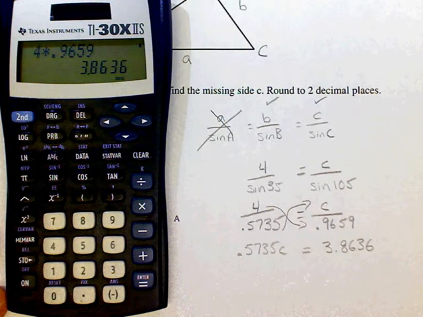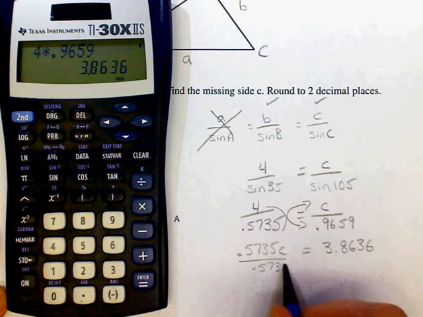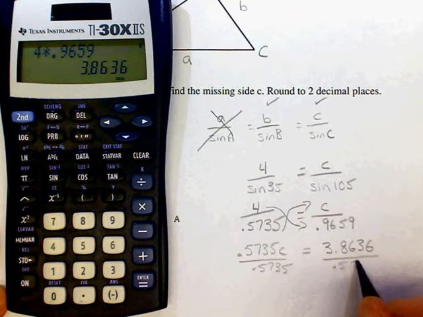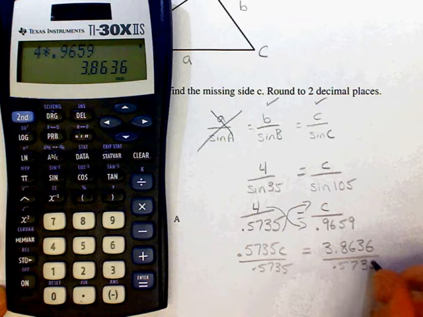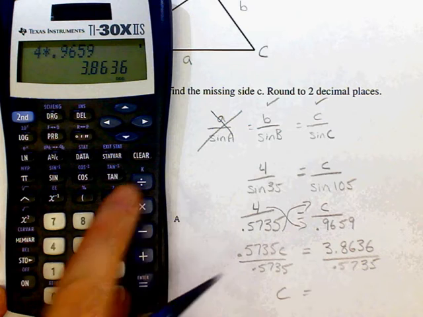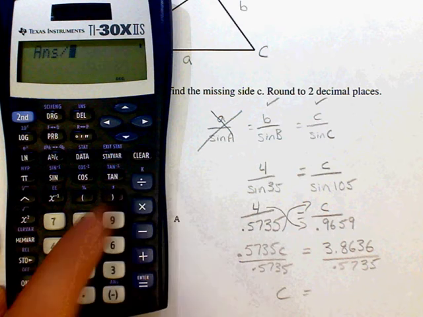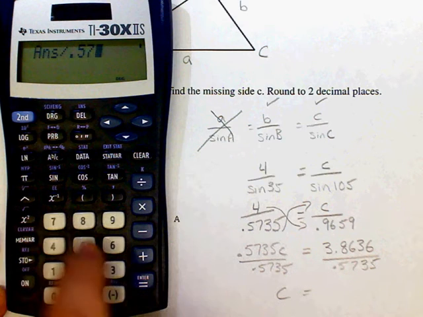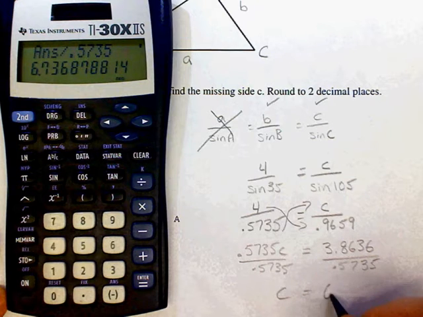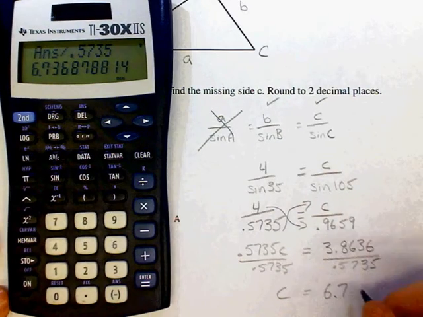Now to solve for c, I'm going to divide by 0.5735 on both sides. My c is going to equal, I've already got 3.8636 in the calculator, divide by 0.5735 equals 6.7, and we'll round to 6.74.